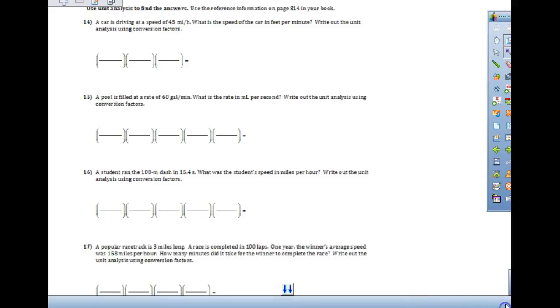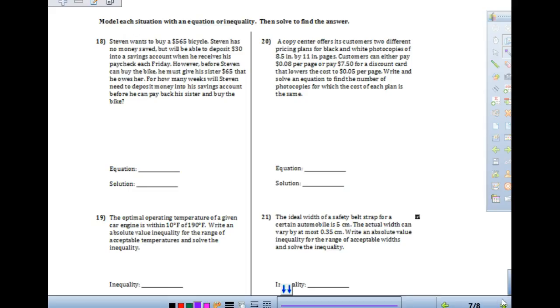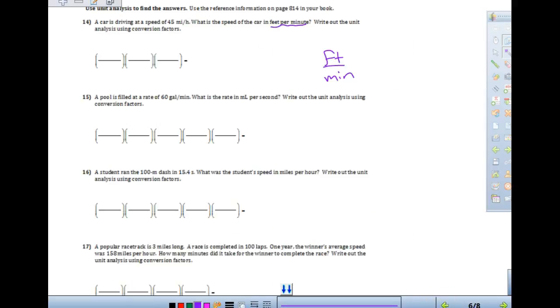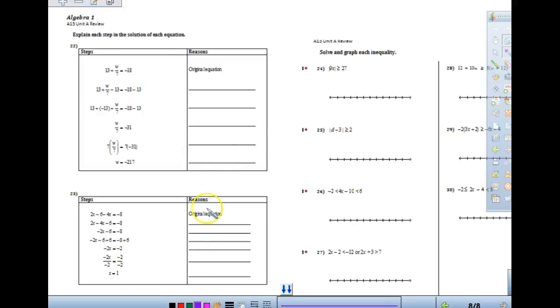That second page, that's where you see your unit analysis. Remember, this is what you're trying to get, feet per minute. So I know that in my numerator here, I want feet, and I want the unit minute in my denominator. The next page, that's the justify page, or then you have the equations writing them. Oh, wait, let's see. Yep. The equations that you're writing, and then the next page is the justify.